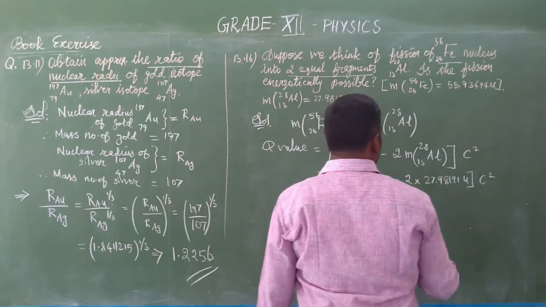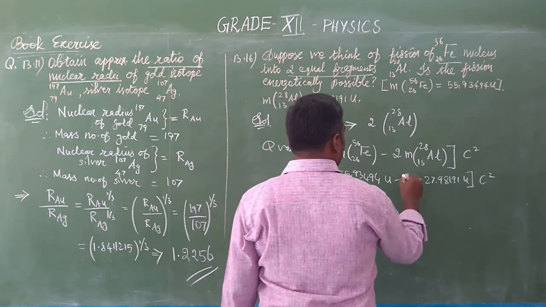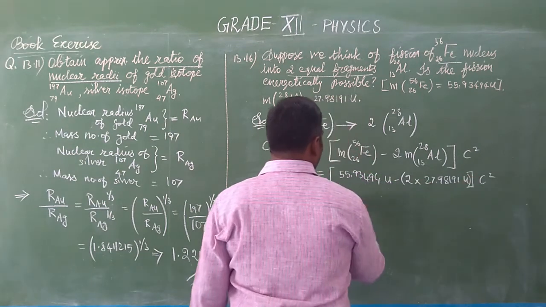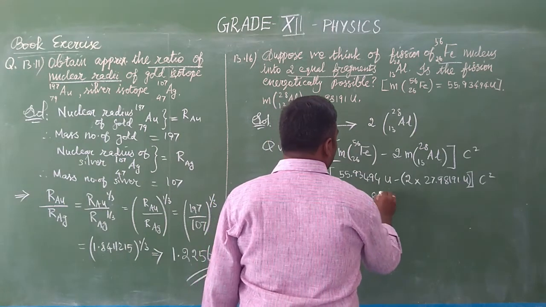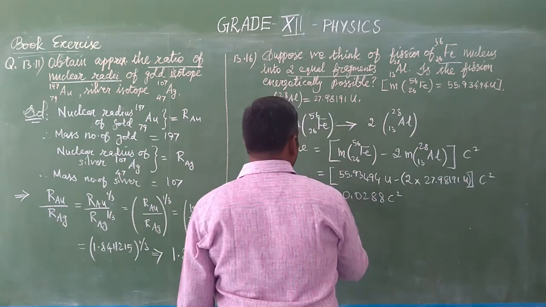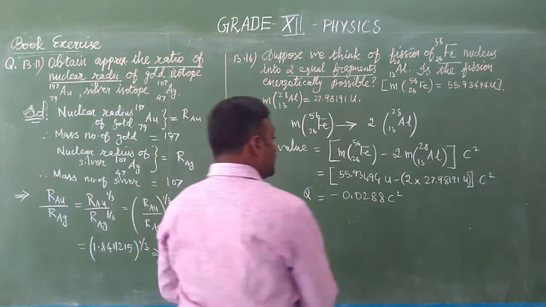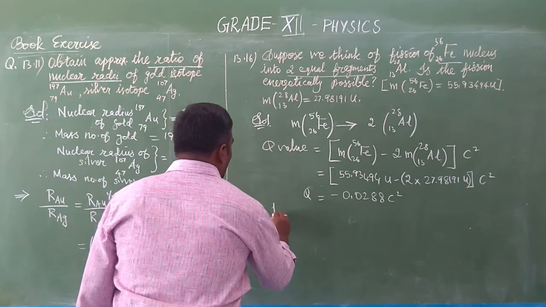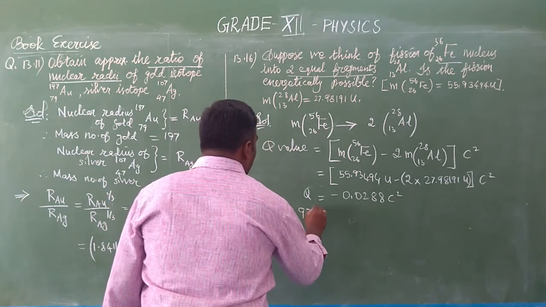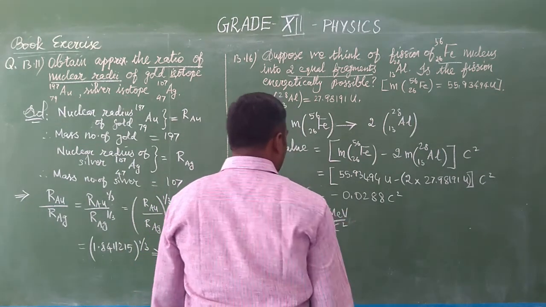So after taking the difference of these two, the final value would be minus 0.0288 c square. This is the Q value. But we know that 1 u is equal to 931.5 mega electron volt by c square.